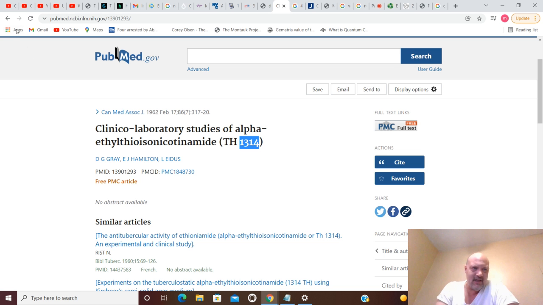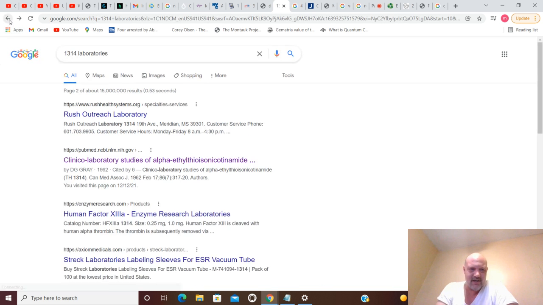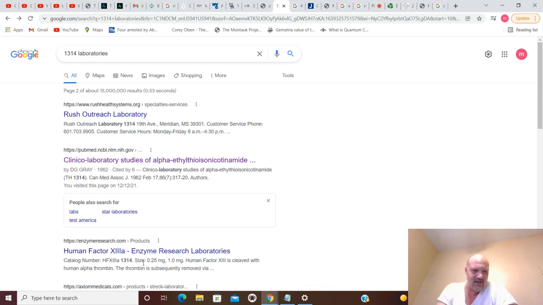And just to show you, there is actually more in all of these. Human Factor XIIIA Enzyme Research Laboratories. And here's your 1314. Rush Outreach Laboratory. And here's 1314 as part of an address.